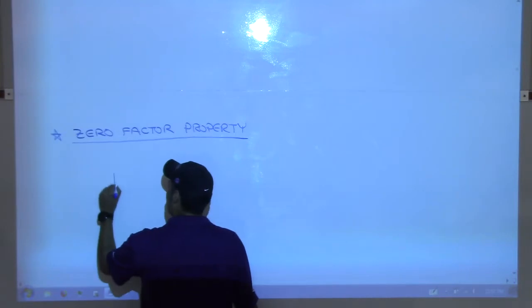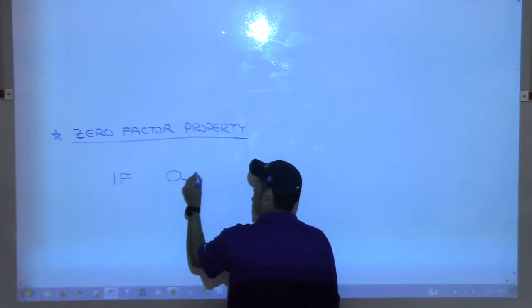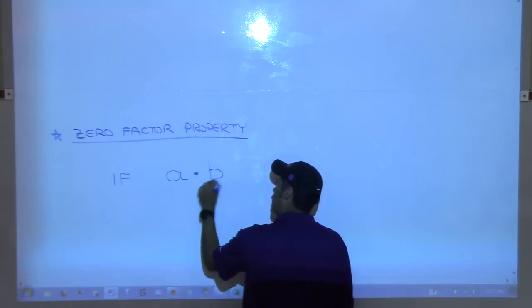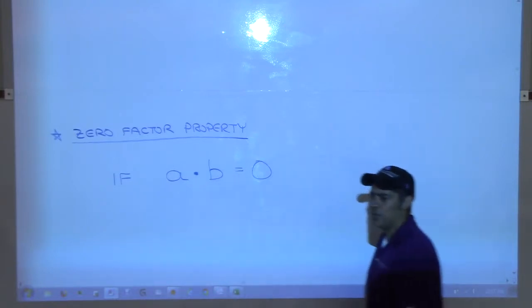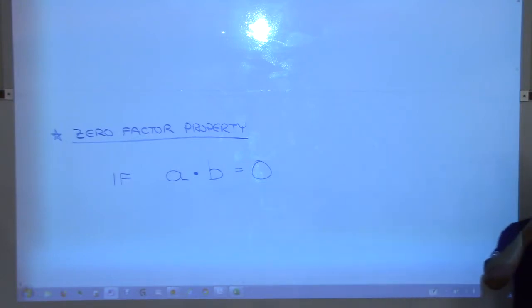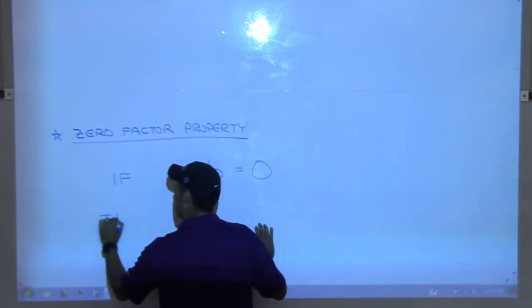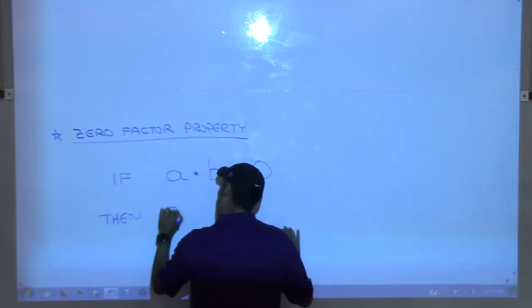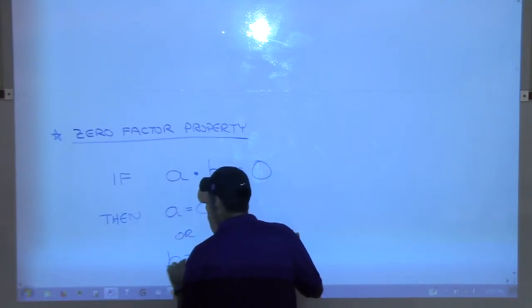It says if you have two things, let's say A times some other thing, B, and if I tell you that they multiply to be 0, so if I'm telling you you've got something times something and it equals 0, then here's what we know. A must be 0 or B must be 0.